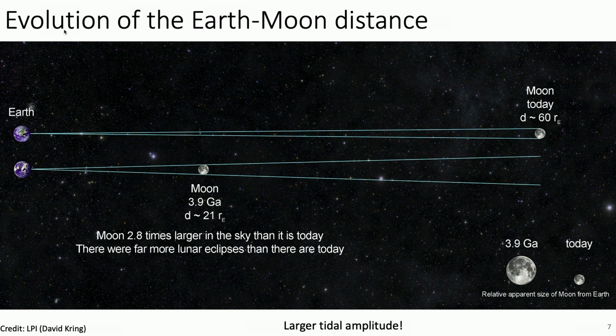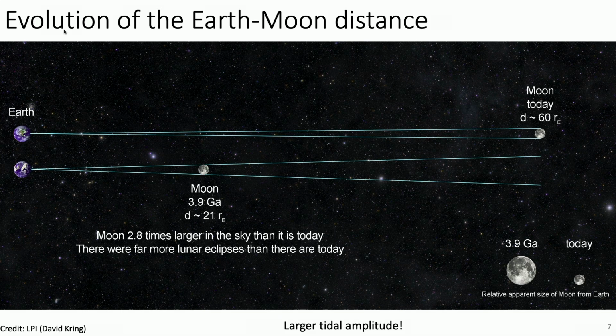That's due to this effect. The moon was much closer, so it was about 3 times larger in the sky than it is today. So that's how we see it today, and that's how it was before.